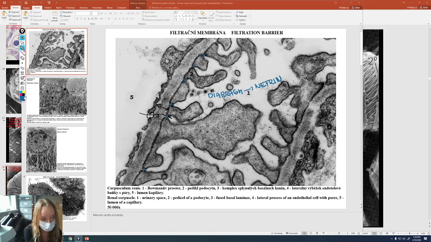What is also important to know is that in the basal lamina, in the lamina densa, there is collagen number 4, and in the lamina lucida there are other important proteins like heparan sulfate.